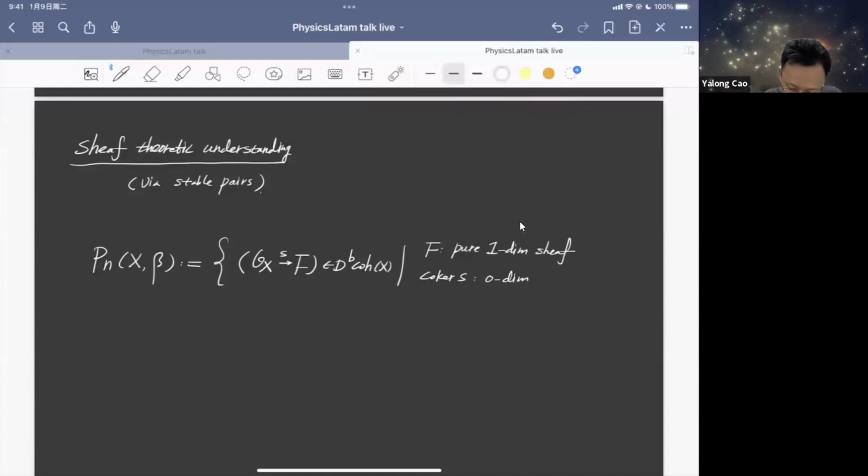So as in the previous case, we fix some numerical data: the curve class of this sheaf should be beta, and the holomorphic Euler characteristic should be n.